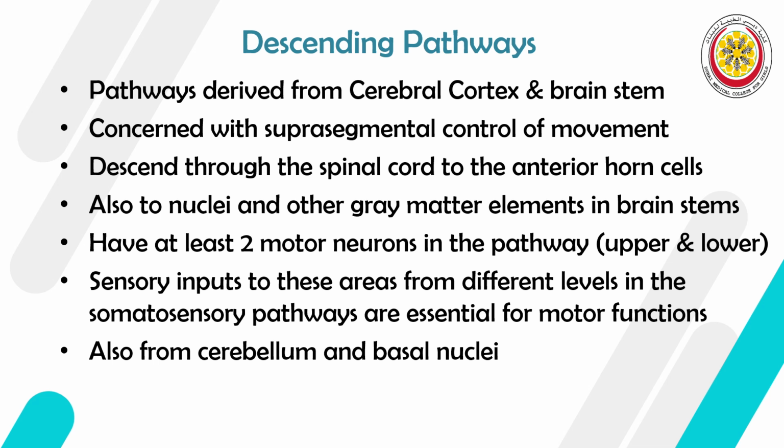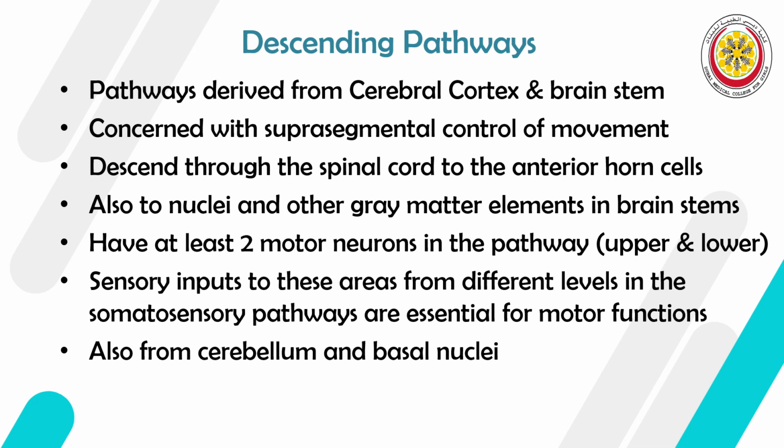All of them send fibers to the motor areas. So when the motor area is planning or executing movement, it receives information about the status of the skin, the joints, the muscles, etc.